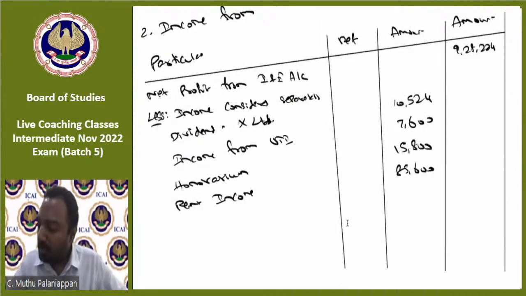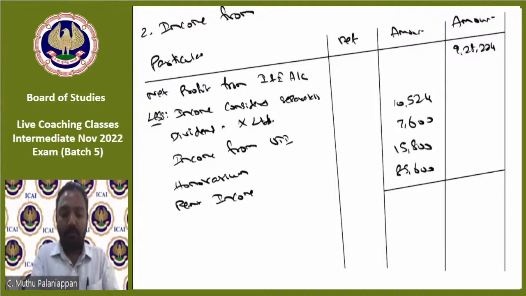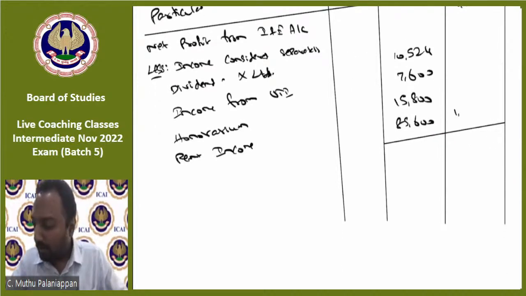So what do we do? We just do a total here. So what is the total? 10,524 plus 7,600 plus 15,800 plus 85,600. It is 119,524.